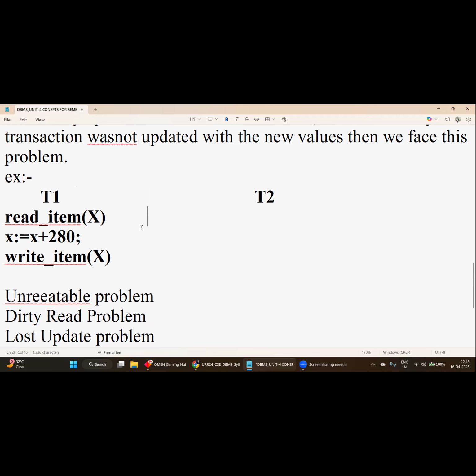Now, again, T2 will also read item simultaneously, because in between T2 is there.